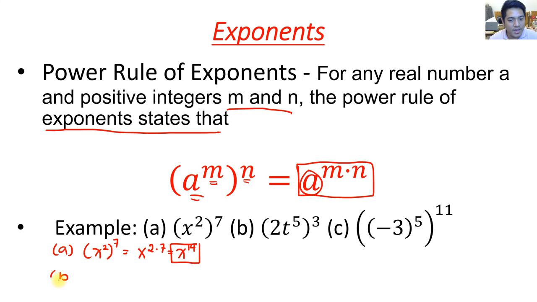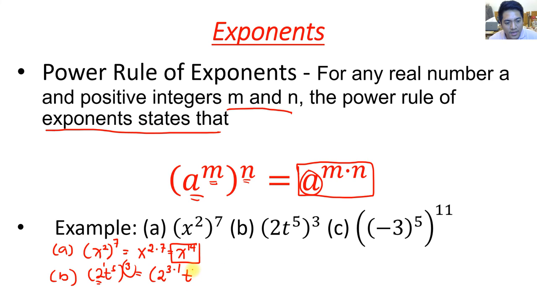For letter B, we have 2t raised to 5, quantity cubed. Let us remember that if we have a constant, one of the properties of exponents is that this 3 will be distributed to both the 2 and the t. So you now have 2 cubed, because 3 times 1, the exponent of 2 here is 1.